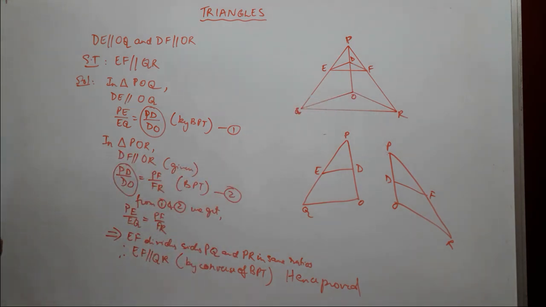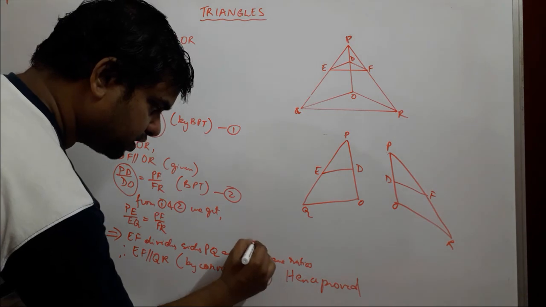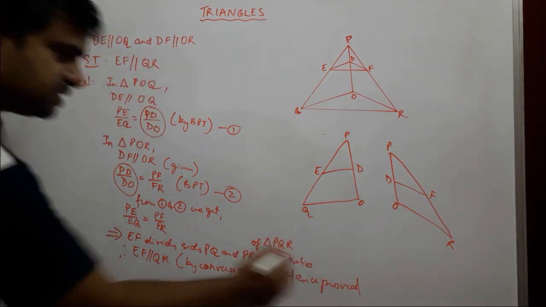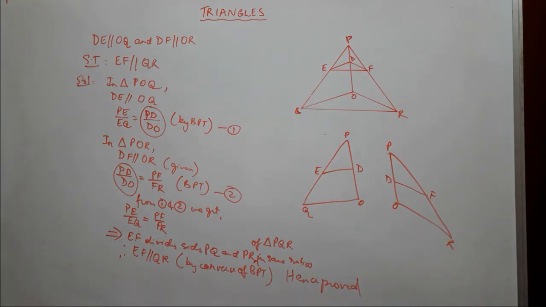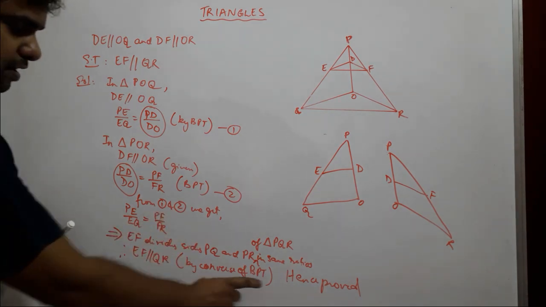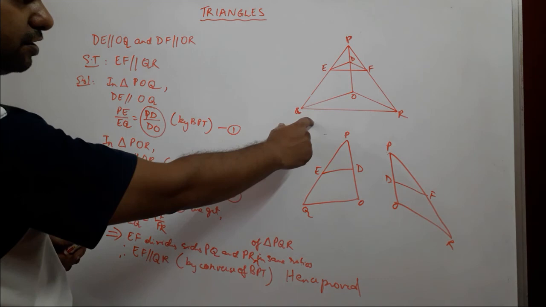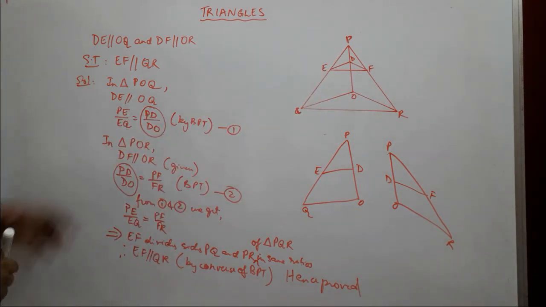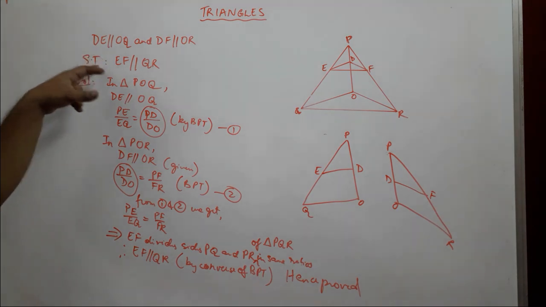And by converse of basic proportionality theorem, we could conclude that EF is parallel to QR, hence proving our proof.